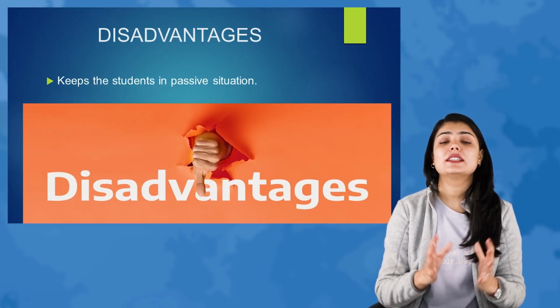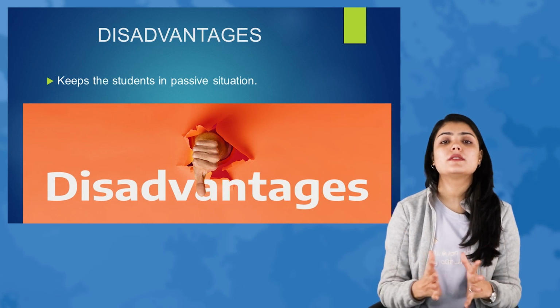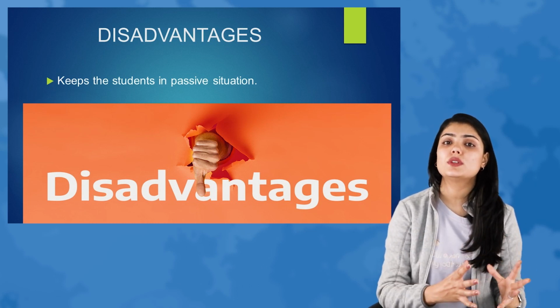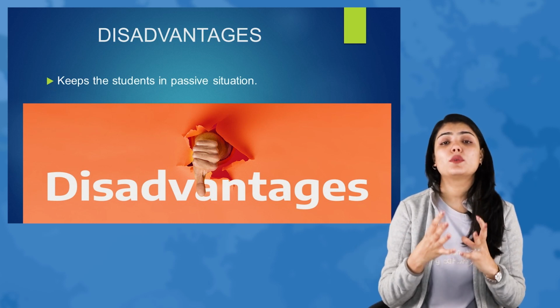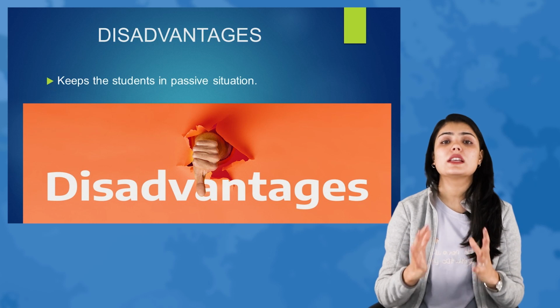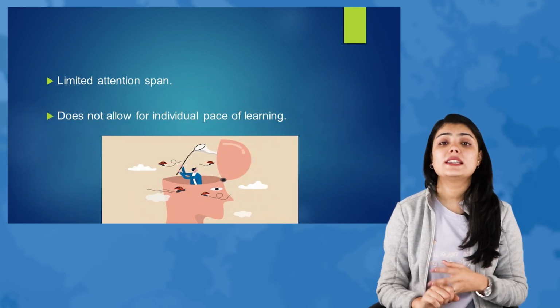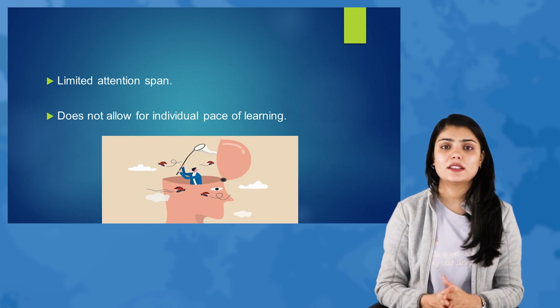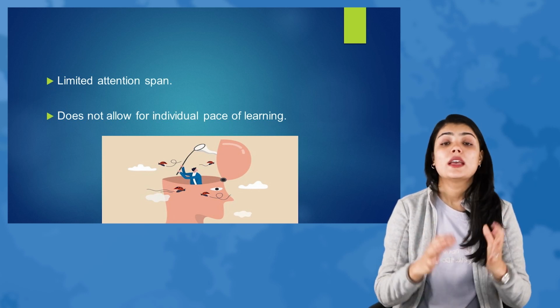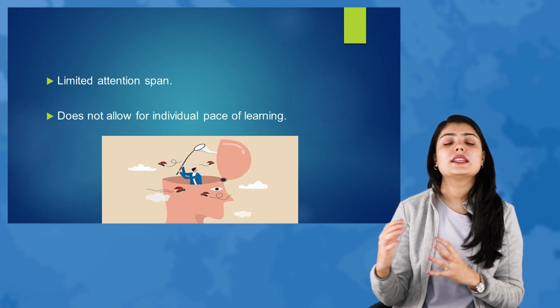Next, we have disadvantages. So the first disadvantage is obviously that the students become passive in this process, right? The students are only passive learners during the lecture method. Next one is limited attention span, right? During the lecture method, since the students are listeners, the attention span of the students plays a major role.